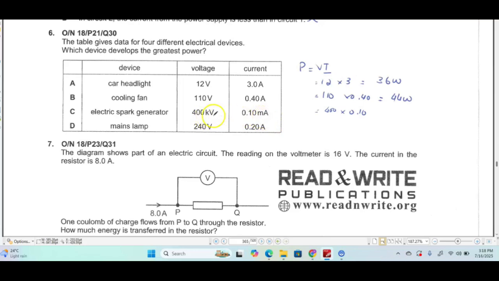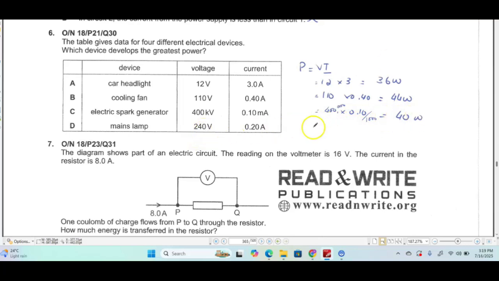We have to convert this into volts and this into amperes. So this becomes 400,000 and this becomes, if you divide it by 1000, 0.01 into 10 raised to the power minus 3. So calculating that would give us 40 watts.